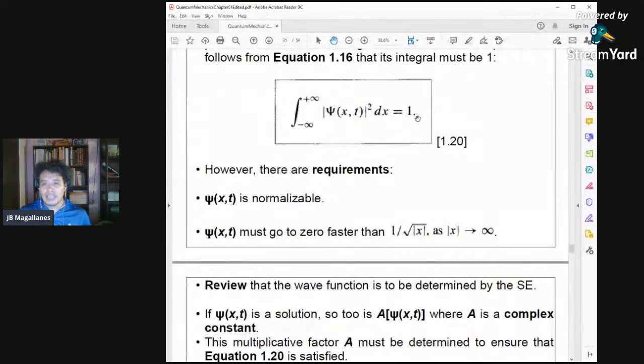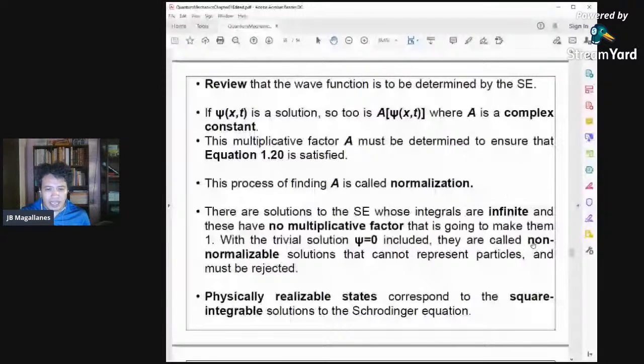If this is equal to infinity or 0 and not 1, then those wave functions are non-normalizable, and they cannot represent a particle or a system of particles. So we should reject those wave functions.